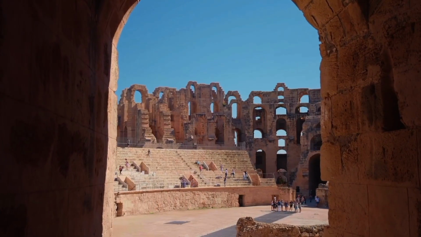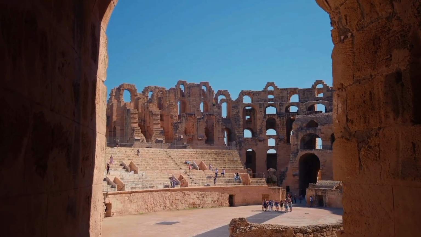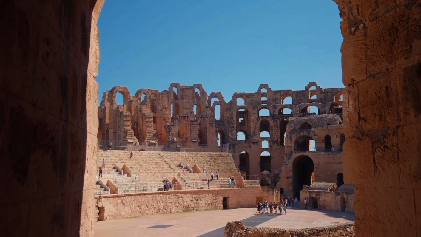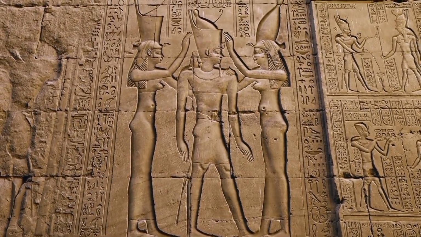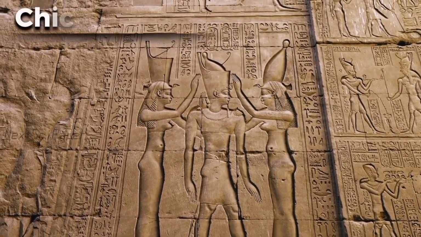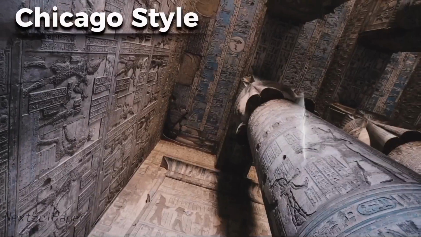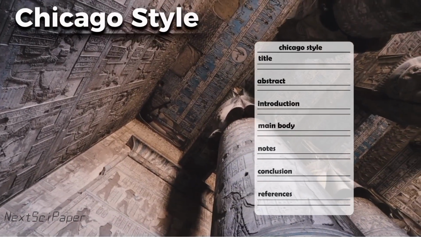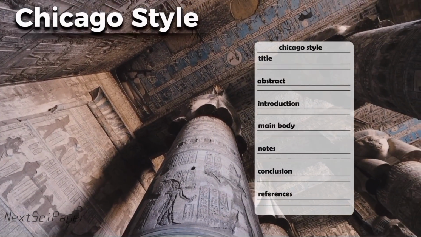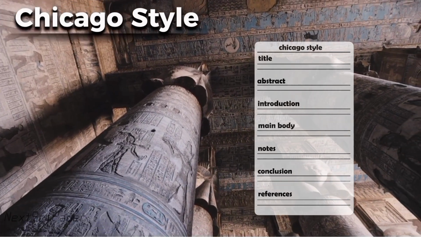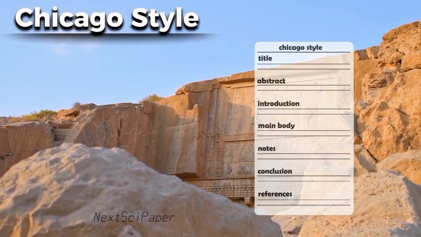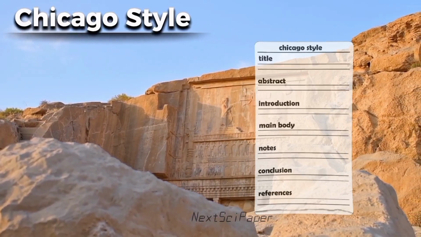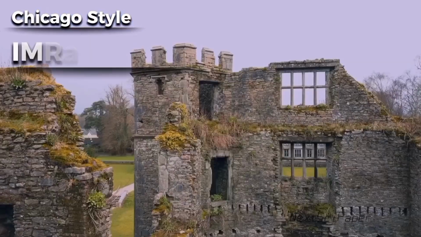But this does not mean that all fields use only this format. In about 5% of disciplines, other structures can also be found. For example, in history or cultural studies, the Chicago style is sometimes used. This format includes the title, abstract, introduction, main body, notes, conclusion, and bibliography.